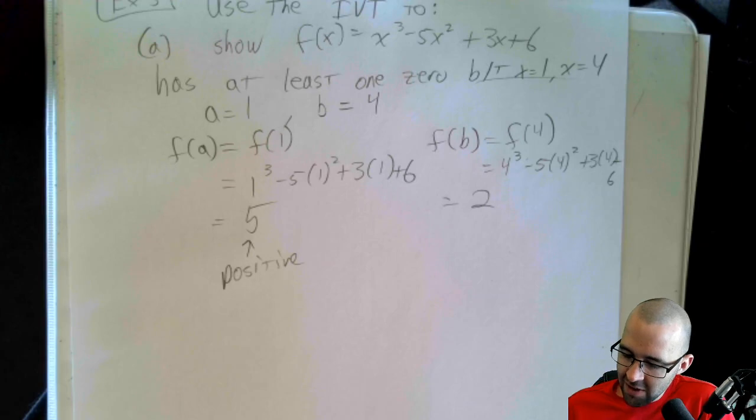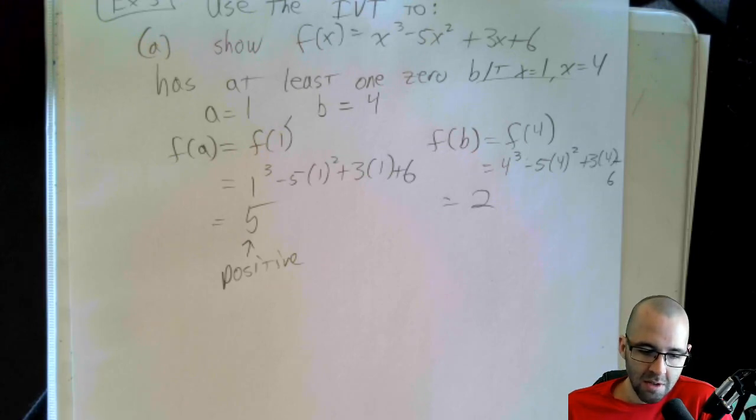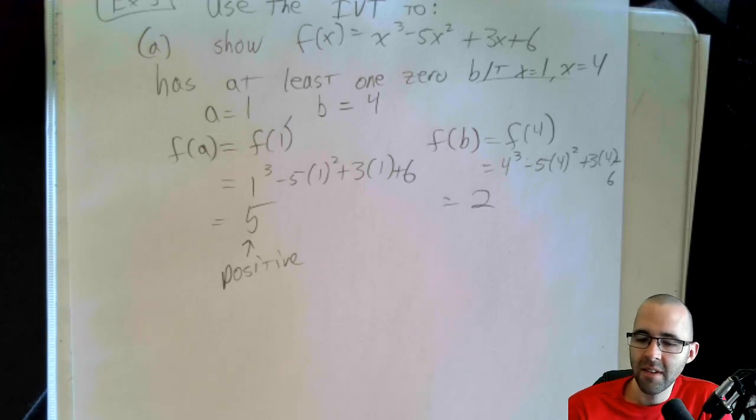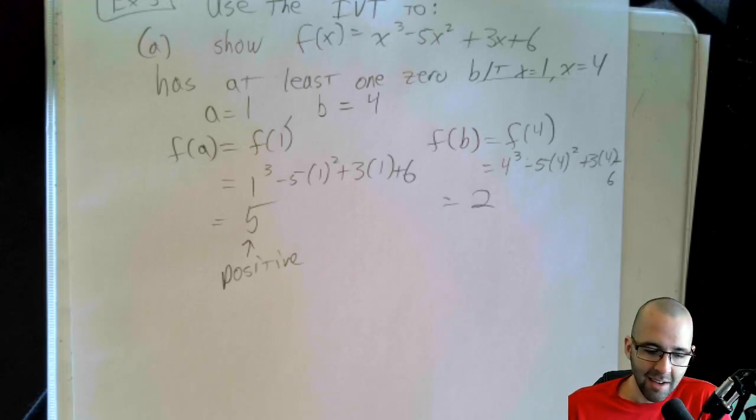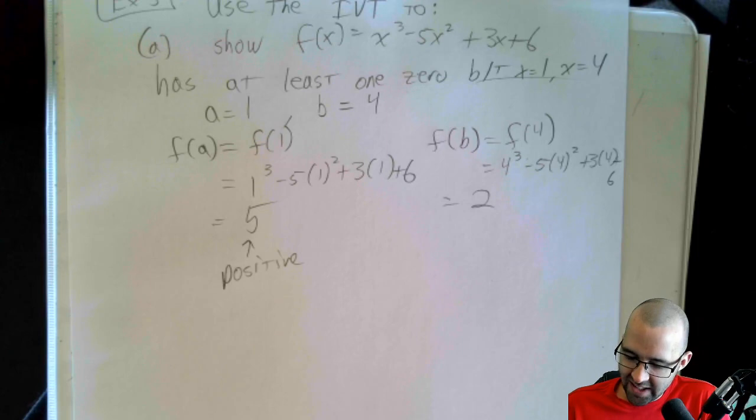Use the intermediate value theorem to show x cubed minus 5x squared plus 3x plus 6 has at least one 0 between x equals 1 and x equals 4. Okay. Well, this is fine.